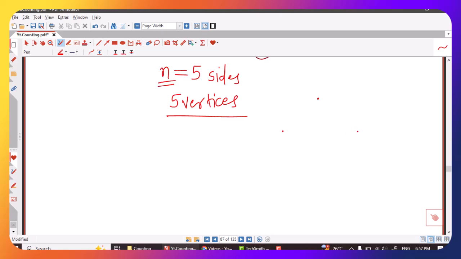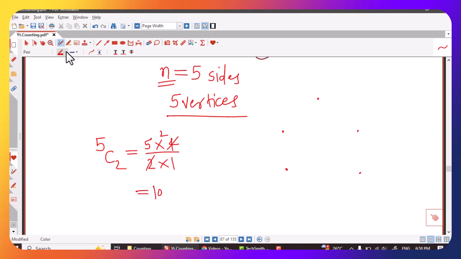So first we draw 5 vertices. Suppose these are the 5 vertices, and first we will count how many straight line segments we can draw by joining any 2 out of these 5 vertices. So that is 5C2, equal to 5 into 4 divided by 2 into 1, and that turns out to be 10.